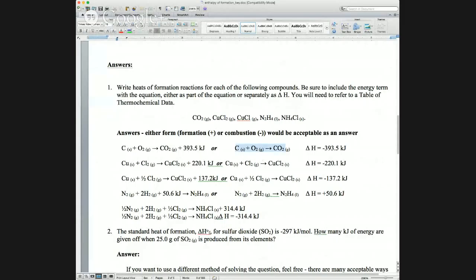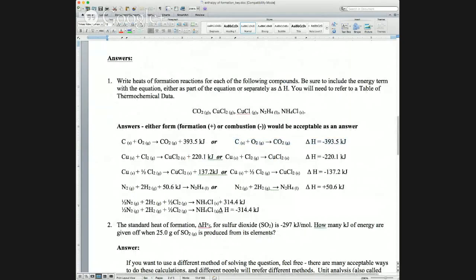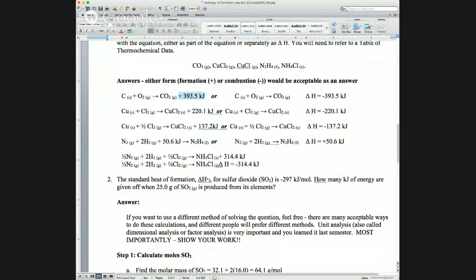And really, I kind of prefer this way of writing it. This was the confusion. There were questions of, okay, well, how much energy is produced? Well, it's exothermic, so heat's on this side. So you get this energy. You don't produce a negative amount of energy. But if you have to label the delta H, it's exothermic, so the system loses that energy, which is why it's negative 393.5 kilojoules.